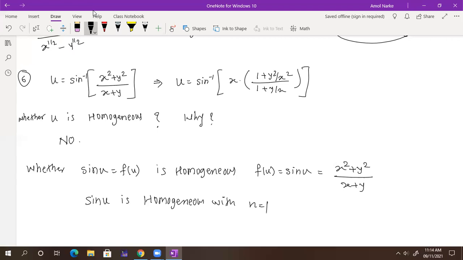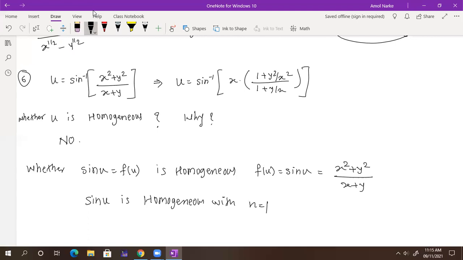So you understand, sometimes you may face a given function that is not homogeneous. Convert that function to a new function like that, and call it f of u. If that function becomes homogeneous, then you can find its degree. If still that function is not homogeneous, then leave it. This is a very important task.